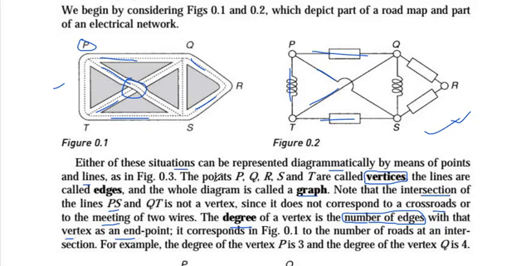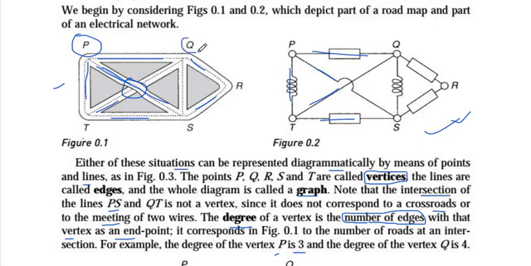Let me start with the first figure, the road network. Here P is connected with how many edges? This is one edge, this is one edge, and this is one edge: three edges. So the degree of vertex P is 3.